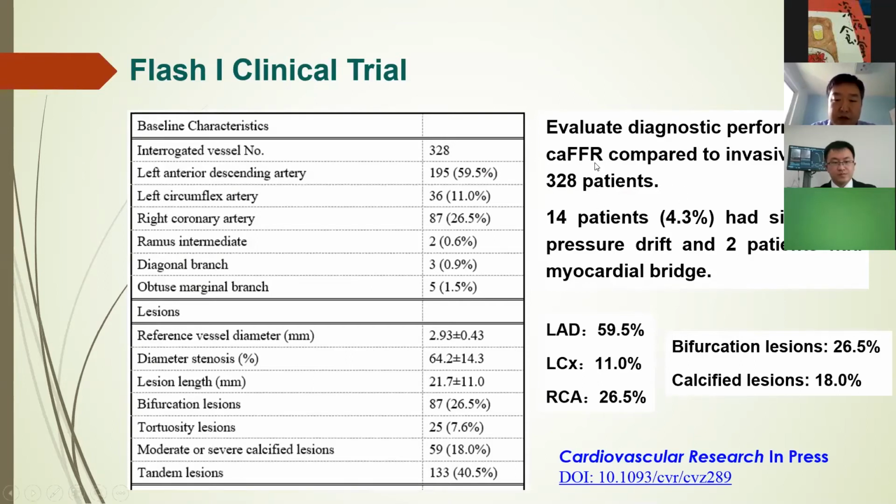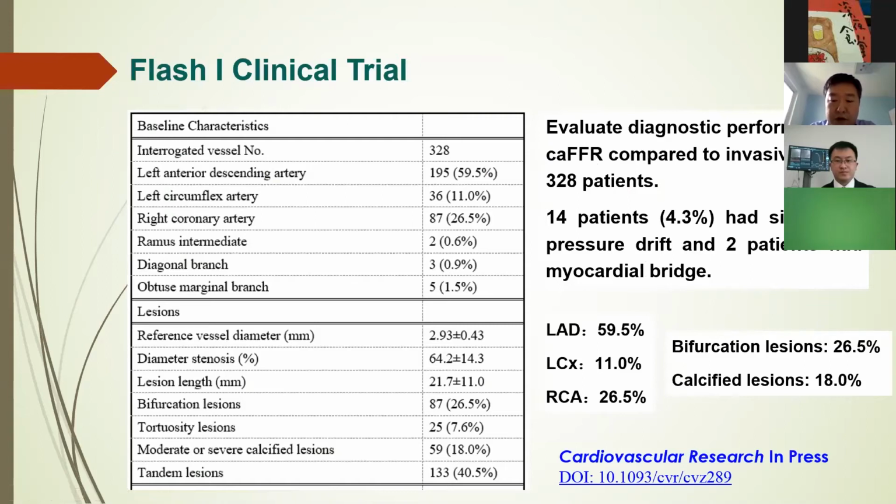Among those patients, 14 had a significant pressure drift, and 2 had a myocardial bridge. But in the statistical results, we covered all of the patients. That means we covered 328 patients.